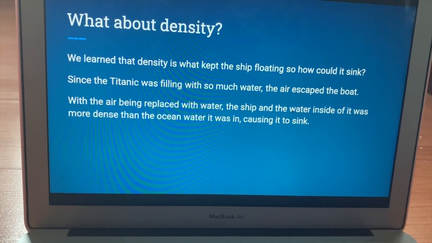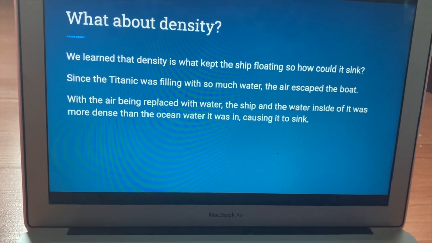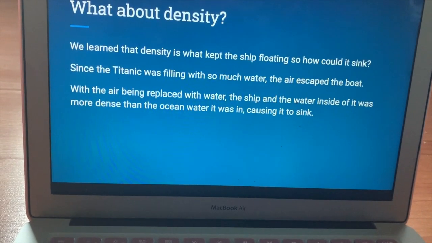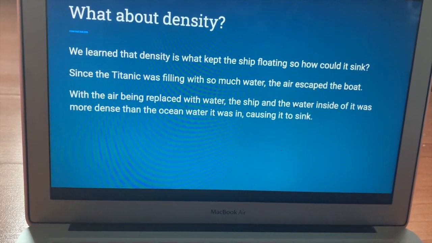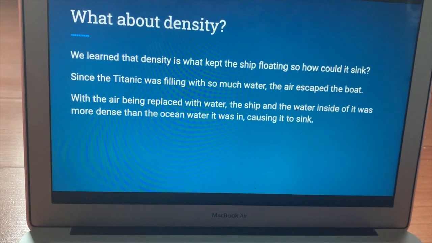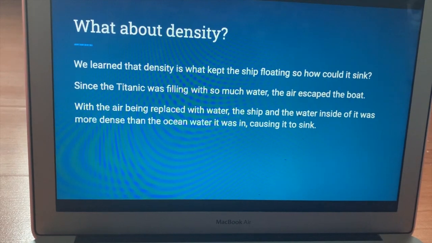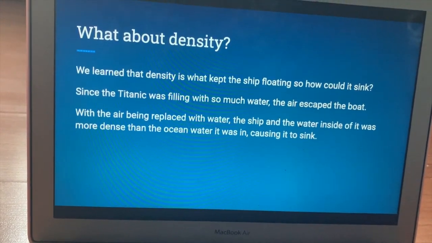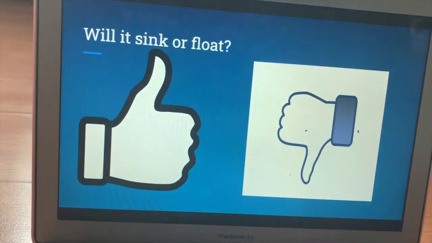Well, unfortunately, the Titanic was filling with so much water that the air that was keeping it afloat escaped the boat. And if air is replaced with water, the ship and the water are going to be more dense than the ocean water it's in. So it's going to sink, unfortunately.